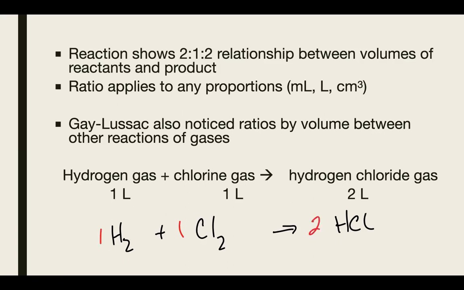Last year we used these numbers to represent moles, and we now know they can also represent volume. So there are a lot of ways you can convert now using Gay Lussac's law of combining volumes and Avogadro's law, so that you can convert between volume, moles, and mass.